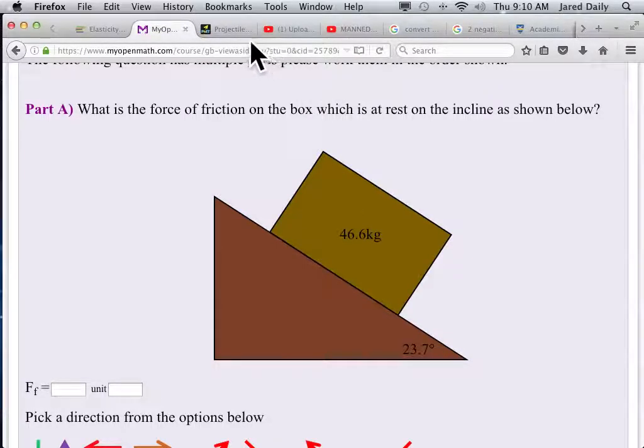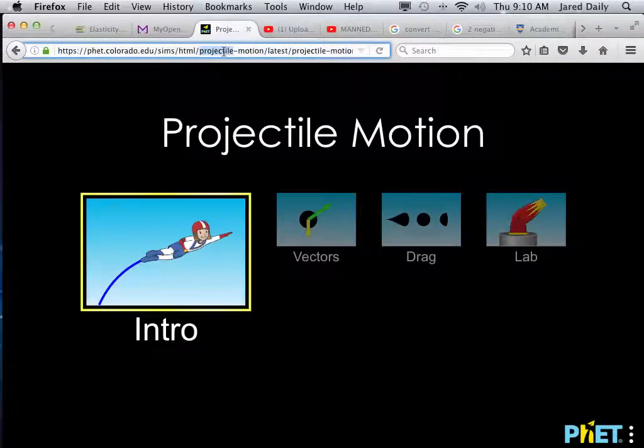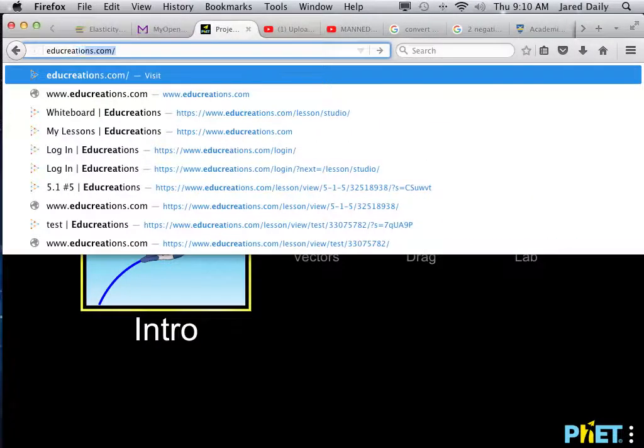I'm going to use... That's cosine. Hold on just a second. Let's first get to where I'm going to start this problem. Since I'm recording this, I want to make sure everybody can see it.